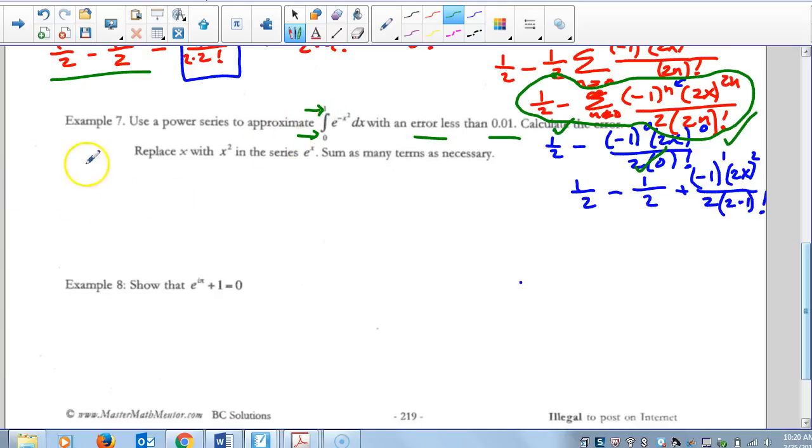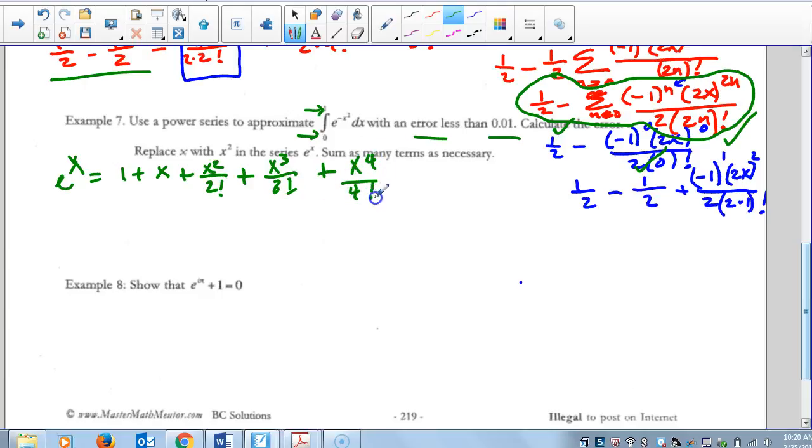So I'm going to start with e to the x, and e to the x is 1 plus x squared over 2 factorial plus x to the third over 3 factorial plus x to the fourth over 4 factorial.